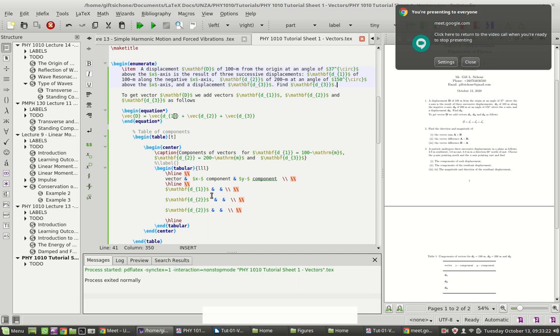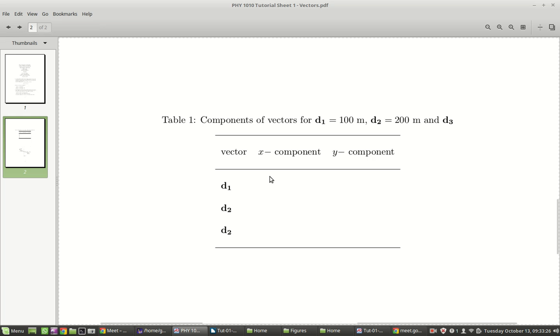So the next question is, using that table, how do you find the x component of a vector? And how do you find the y component of a vector? Does someone know how to do that?